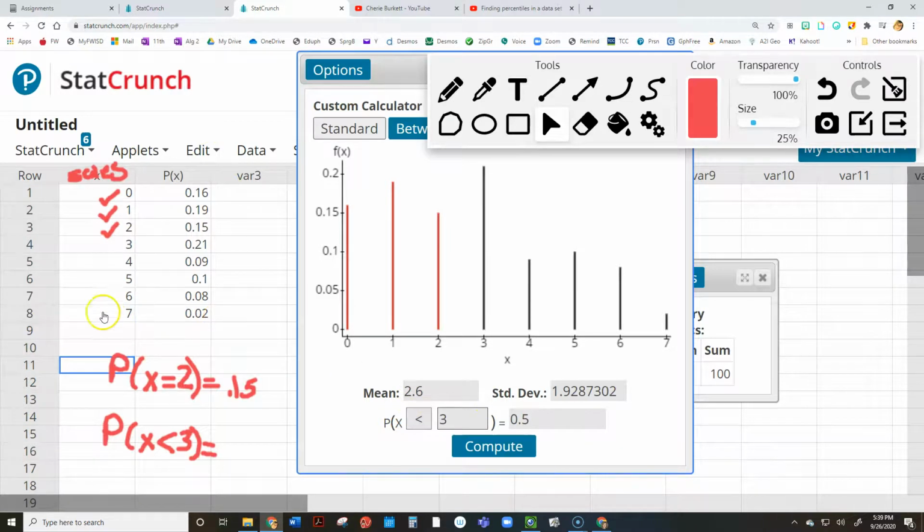I could ask you, what's the probability that you sell 4 or more in a day? What's the probability that you sell 4, or more?